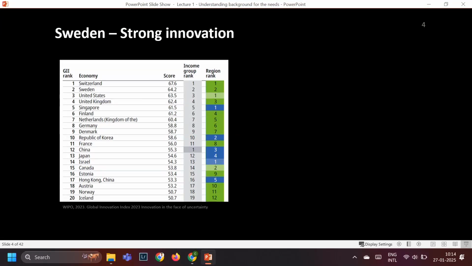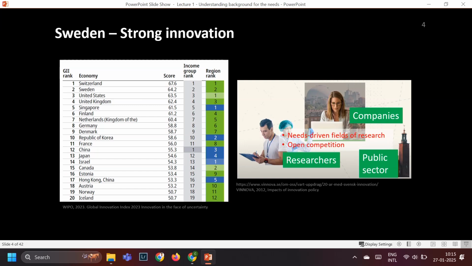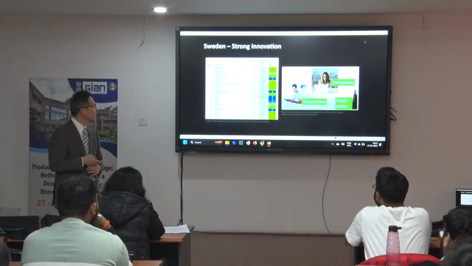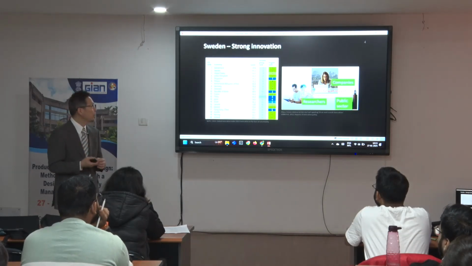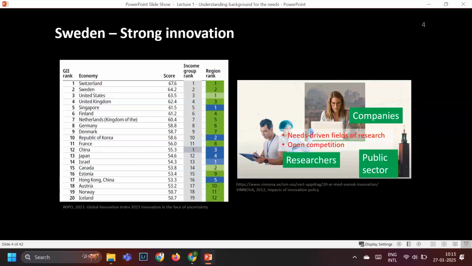So a little bit of where I'm from. In terms of country, Sweden is often said to be a front runner when it comes to innovation in industry. It's often highly ranked in different international indexes. And why does that happen? The national innovation agency, Vinnova, says that what they do, involving us, research institutes and universities, is basically supporting needs-driven research and innovation.